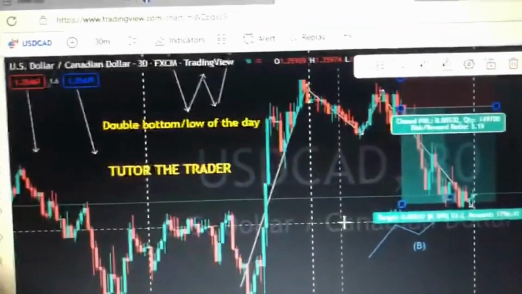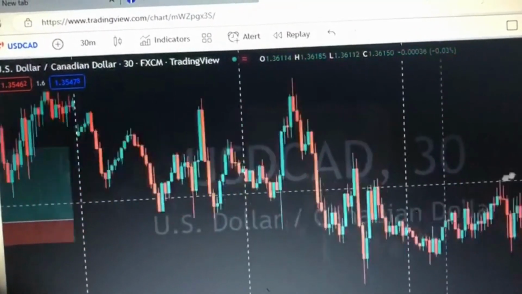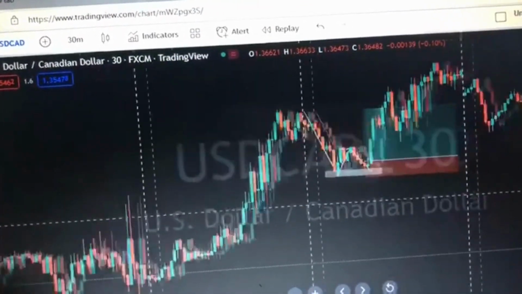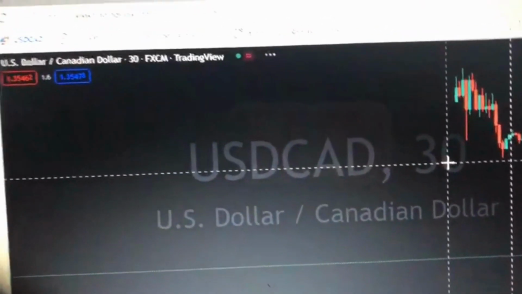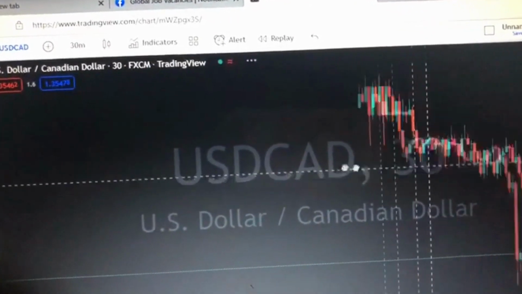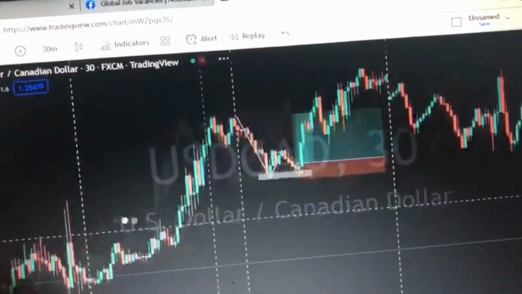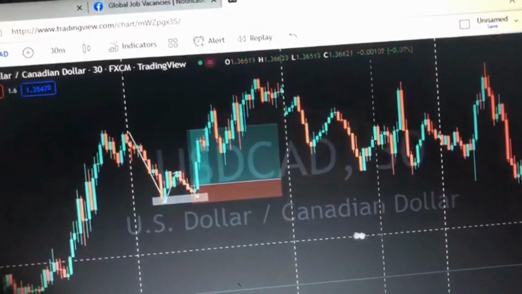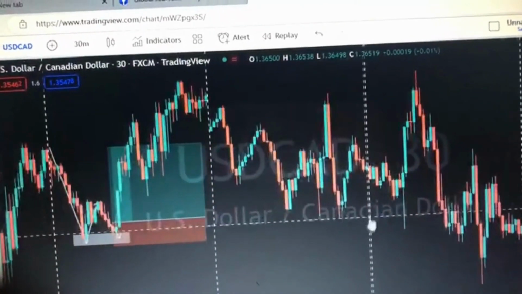So let's look for more examples. The M might not be perfect, but you will know that the strategy works well as you practice more. I'm looking if I can get a W. Now look at this.